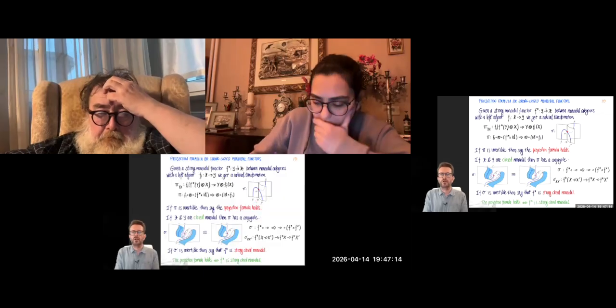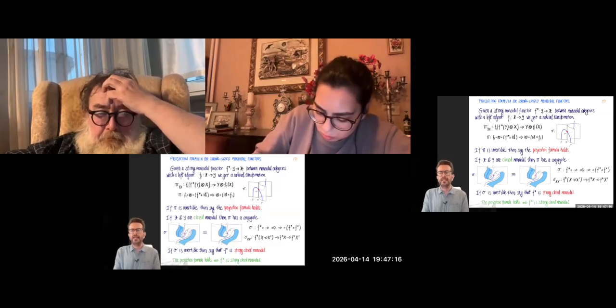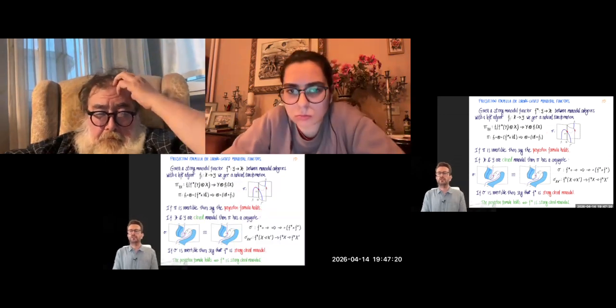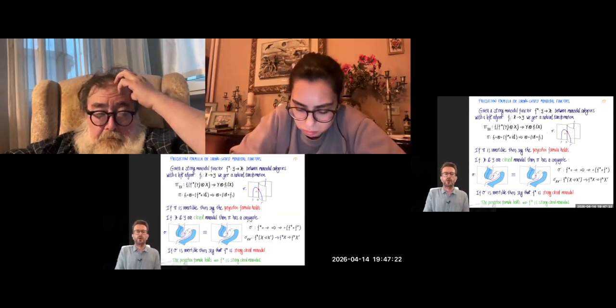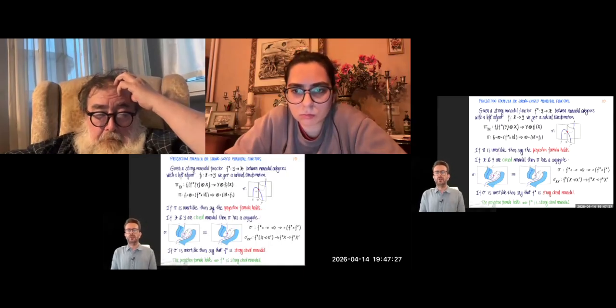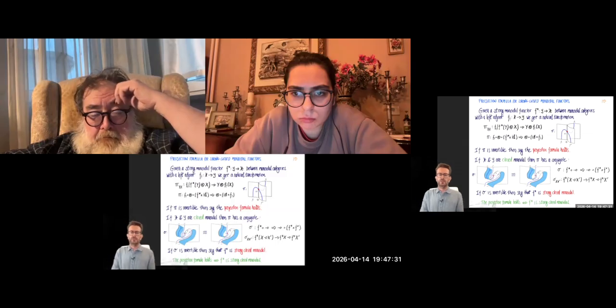So given this data, we get this canonical natural transformation. Now, if this natural transformation is invertible, then it's said that the projection formula holds. And this holds in nice cases.